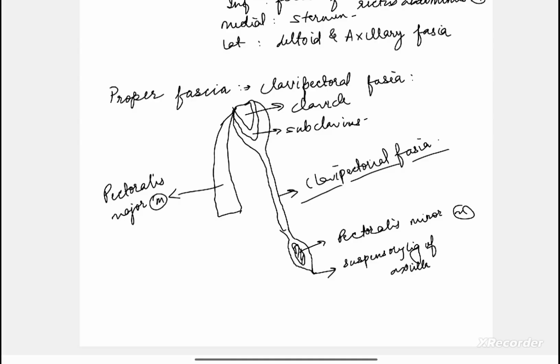A few more extra points about this clavipectoral fascia. Now, the structures which pierce through this fascia are the cephalic vein, which drains into the axillary vein.